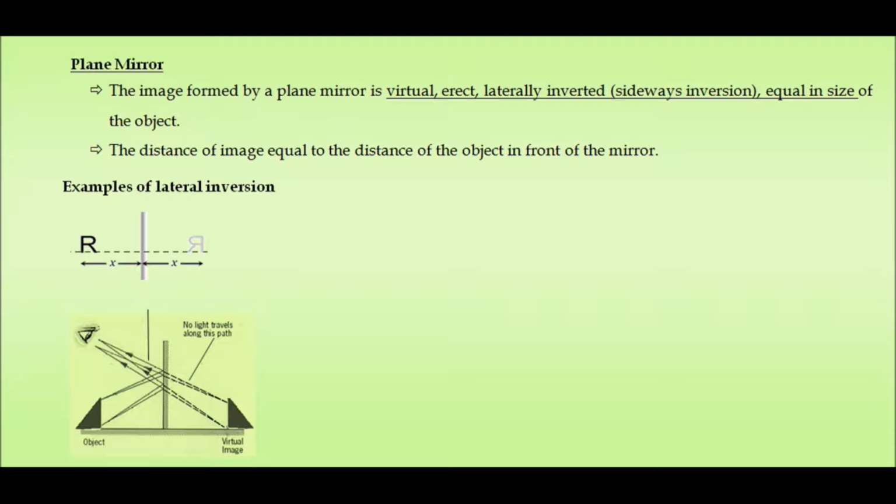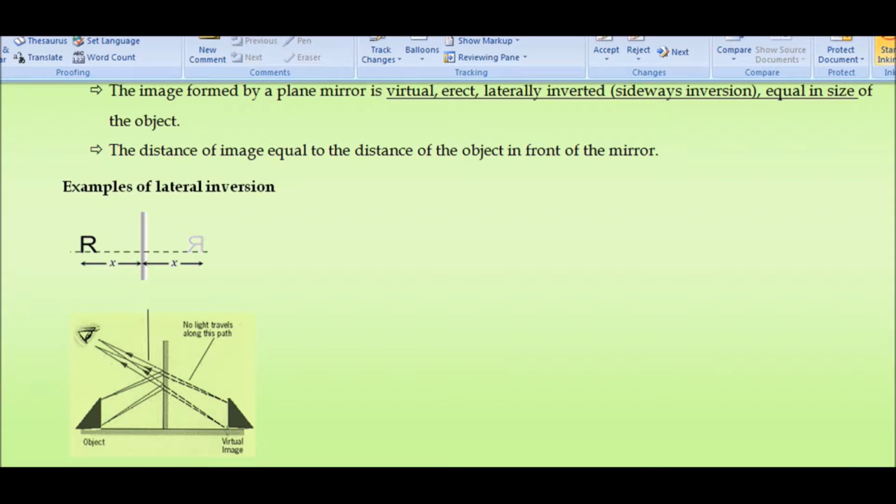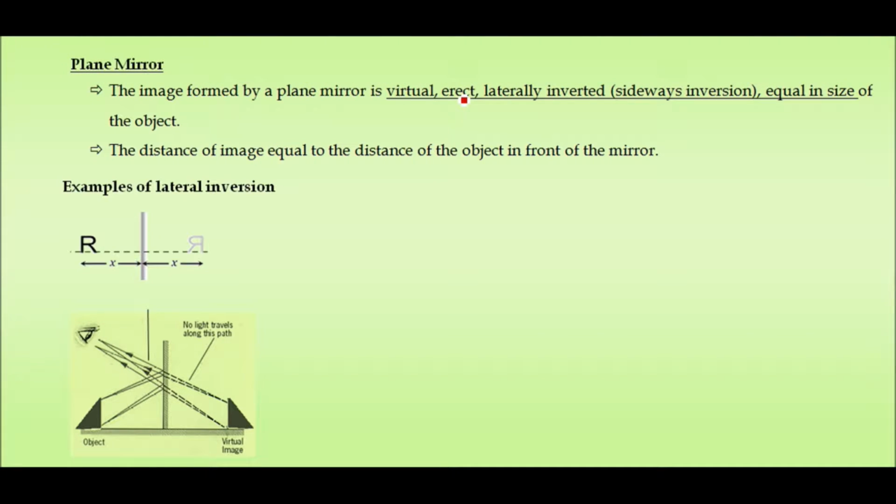So image formed by a plane mirror is virtual, erect, laterally inverted, that is sideways inversion, equal in size of the object. So it's clear here, the image formed by plane mirror will be virtual. So if you see here, this is the image formed by the plane mirror, and this image is the virtual image.